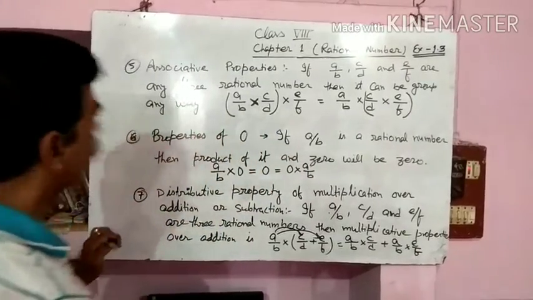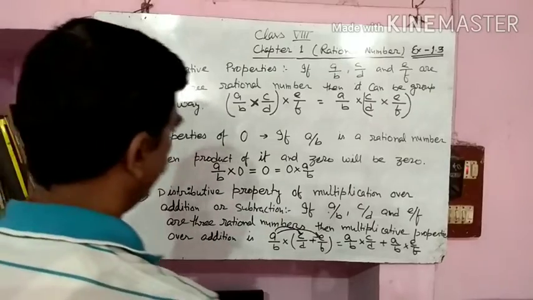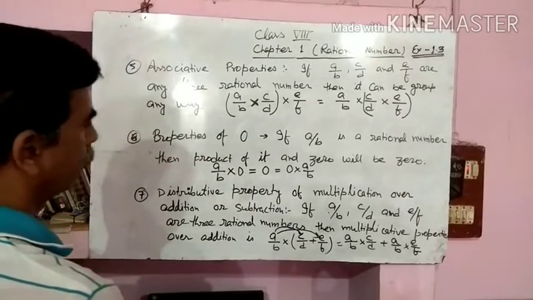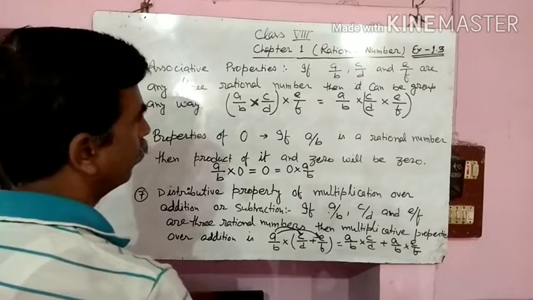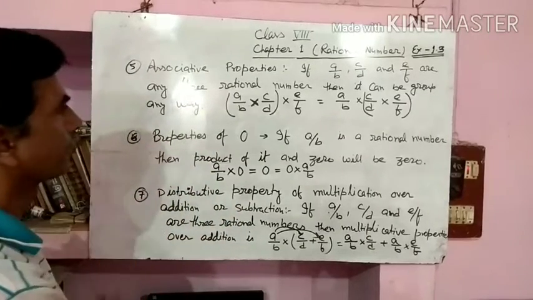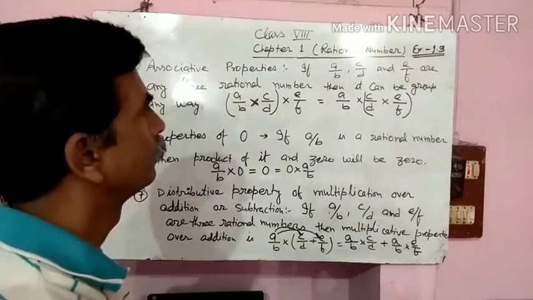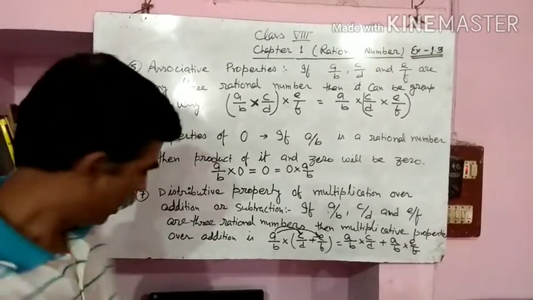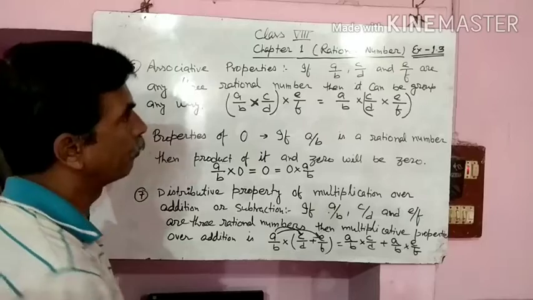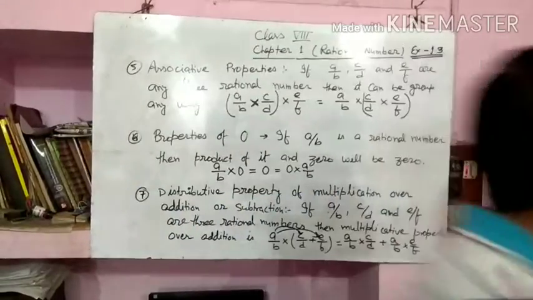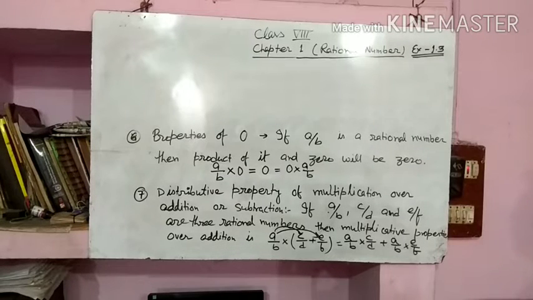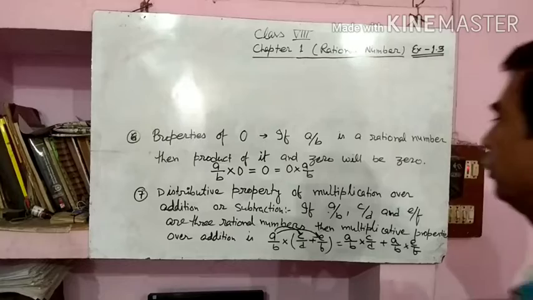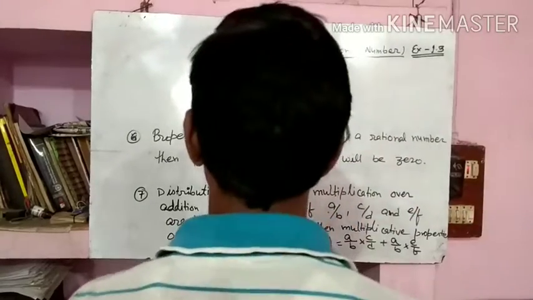Okay, pause the screen, write this one. And the next one is the distributive property over subtraction.